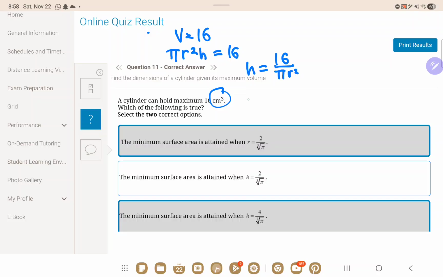Now our formula for surface area is equal to 2 pi r h plus 2 pi r squared.